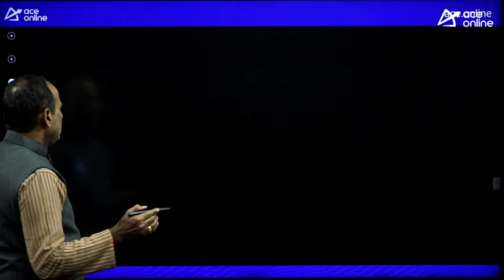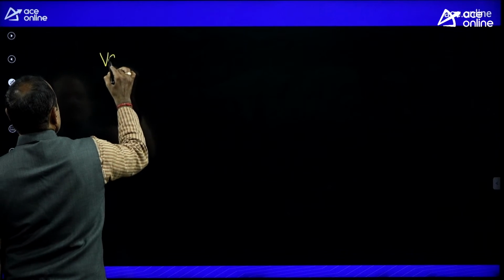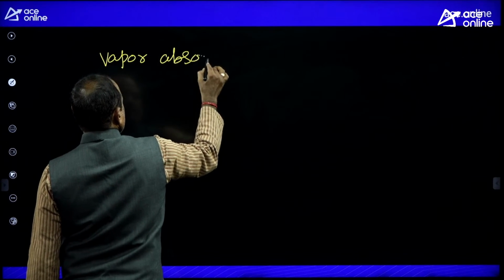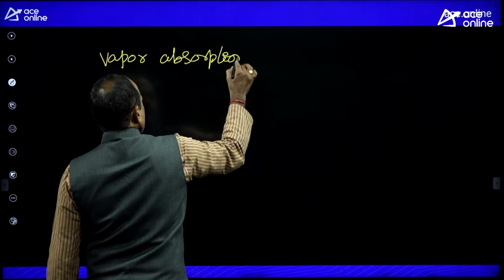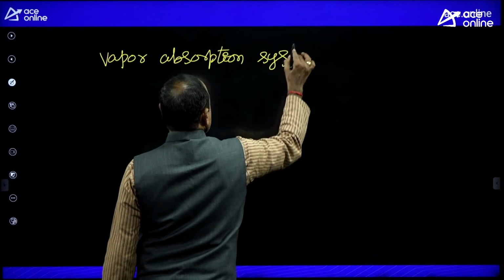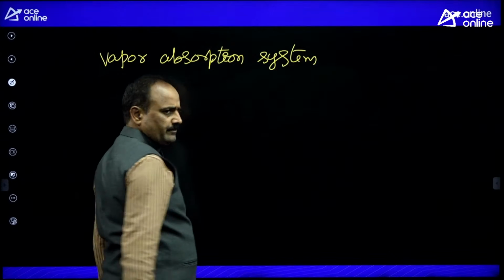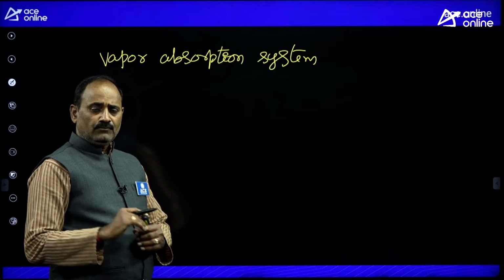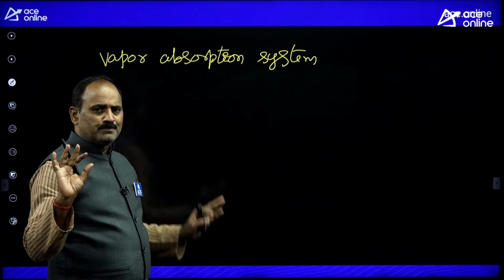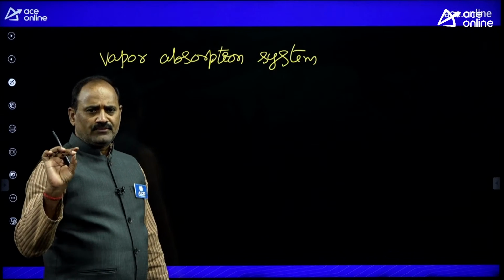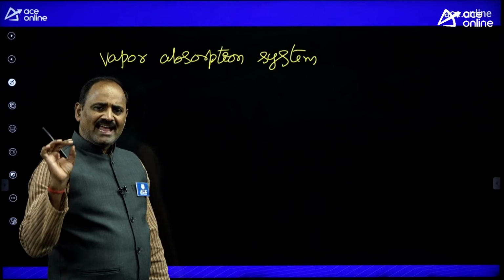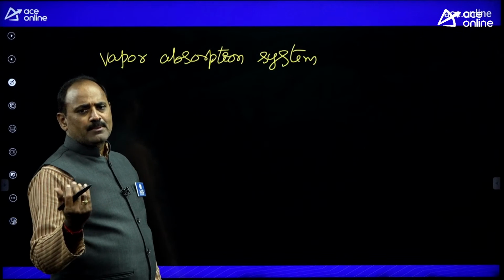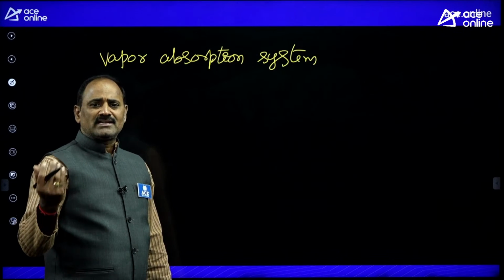Okay. Then vapor absorption refrigeration system. From the GATE point of view, only simple vapor absorption refrigeration system is sufficient. For ESE point of view, in addition to simple vapor absorption refrigeration system, you need to practice actual vapor absorption refrigeration system, lithium bromide vapor absorption system, Electrolux vapor absorption system.